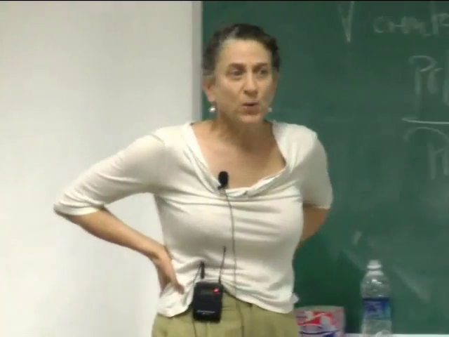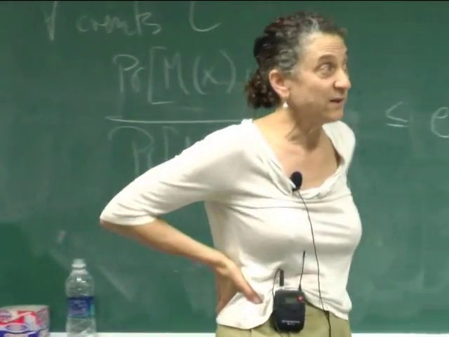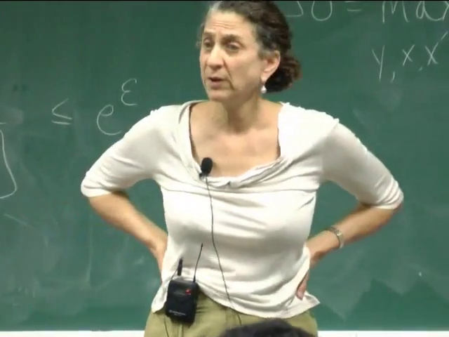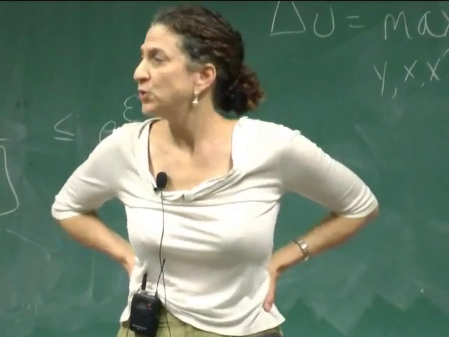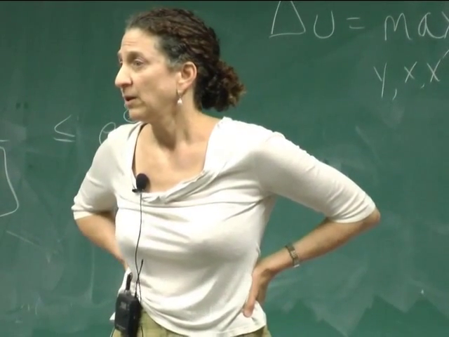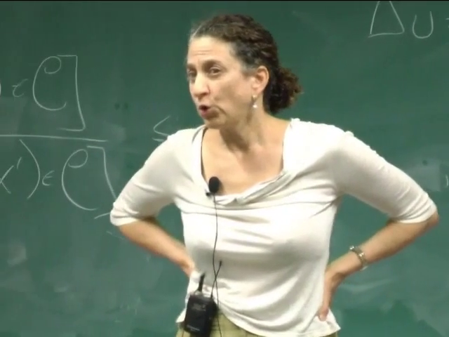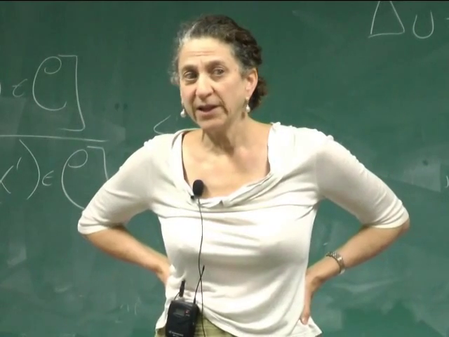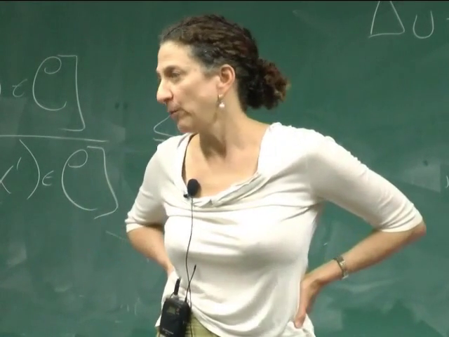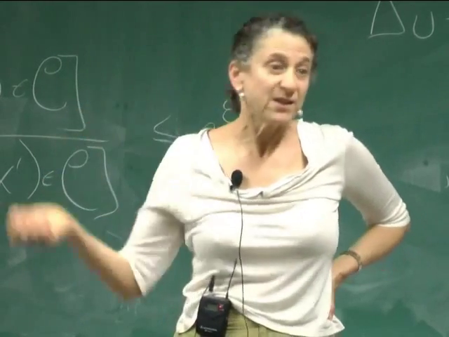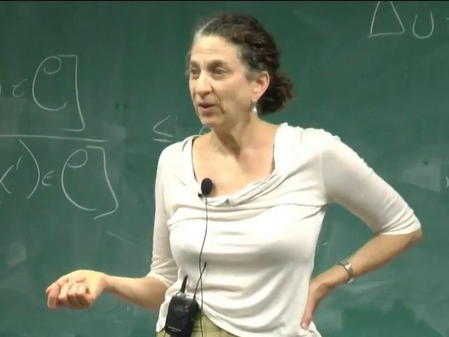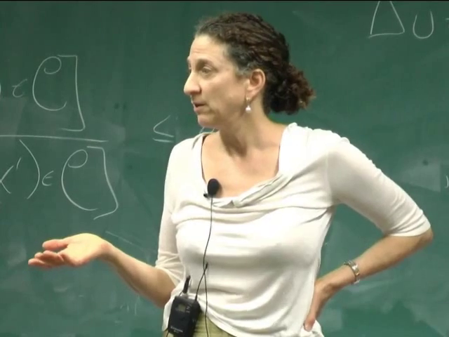Now, what is going to be the sensitivity of an outcome of this utility function? So the query implicitly is what fraction of the people in the database have property P. So if I delete somebody from an n-person database, how much am I changing that utility?